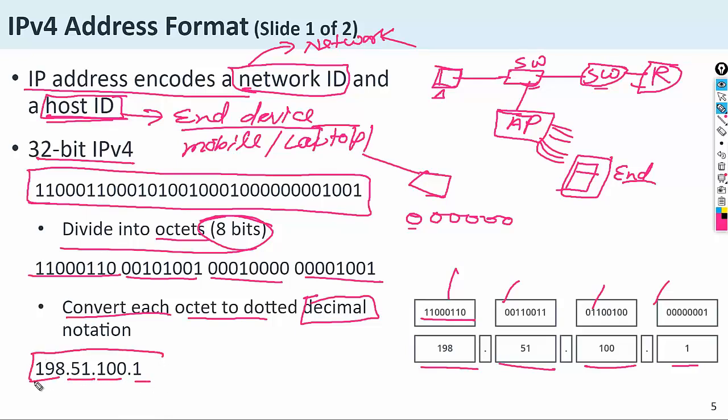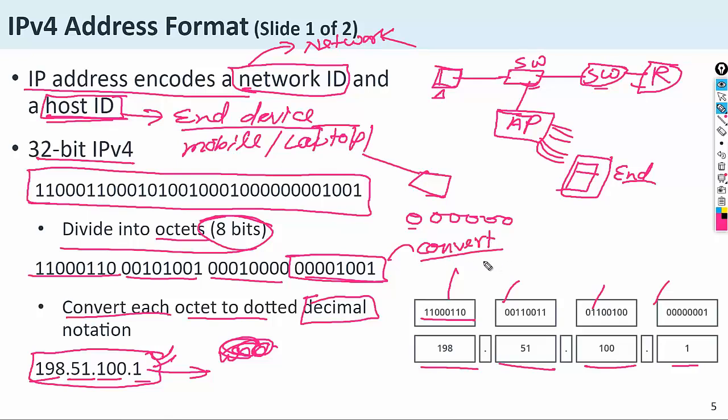These are decimal values, because we can only understand decimal values. We cannot understand the binary. Can you understand? No, but you can convert it. You have the skills and mathematics, so you can convert it, but you cannot remember the binary value. You can remember the decimal value easily.